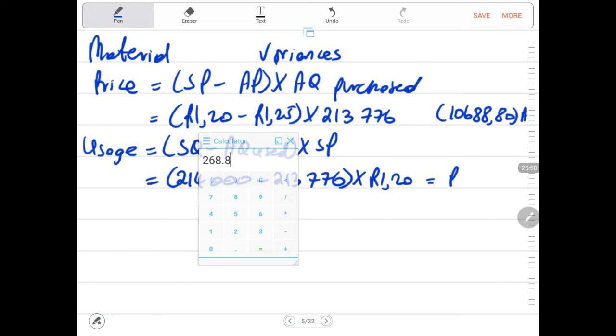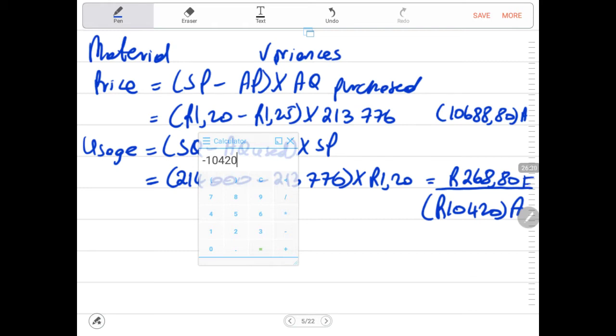We get a variance that is favorable, and this will be 268 rand 80 cents. Then you say minus 10,688.80. Then this will give us a net variance that is unfavorable. This will be 10,420 rands. This is adverse. This variance is favorable.